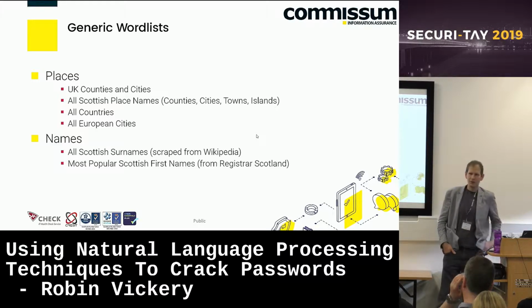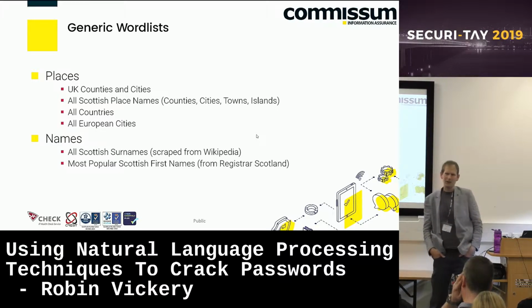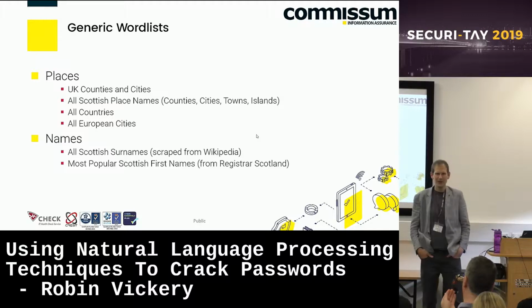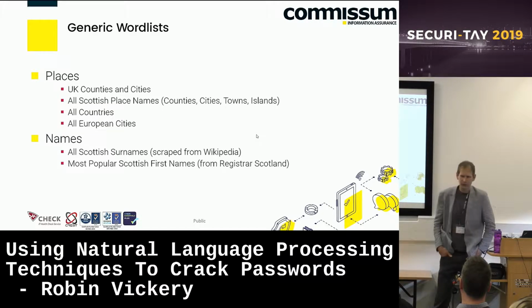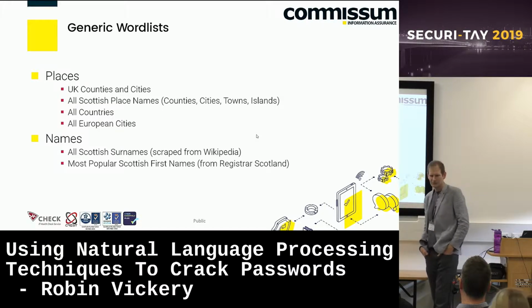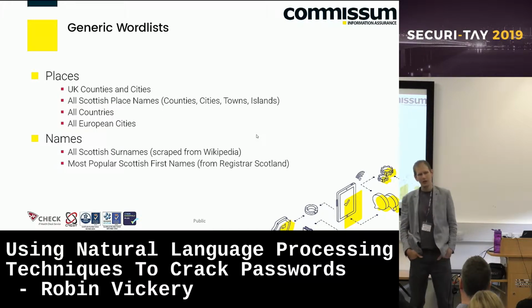But in order to improve things a little more, what we need to do is start customizing the generic word lists to our customers. And I start off with some of my own word lists, which I've generally scraped from Wikipedia or the likes.